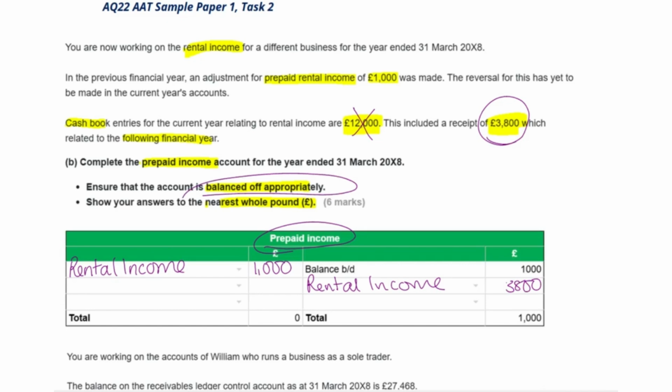It's our year end, it's our liability account, so we just need to balance it off with a balance carried down. So these will have totaled in your exam. So we need that to be 4,800 on each side. So our balance carried down is on our debit side of 3,800.